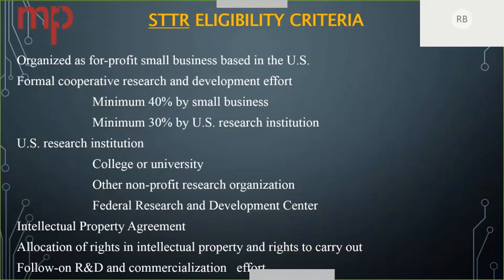Agreement should be made and done based on intellectual property agreements. The allocation of rights in intellectual property and rights to carry out, meaning data rights, the things that you've written down and things like that, and the processes for executing your technology, that has to have agreements as to who's going to be doing that, and the research institution should be there as part of what you're trying to do as part of their 30% involvement.